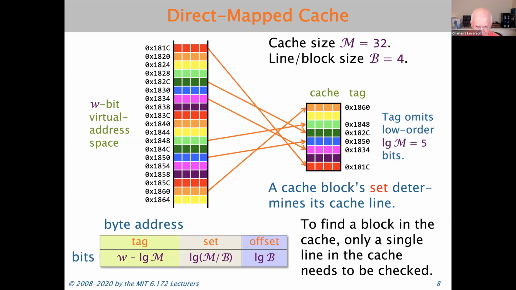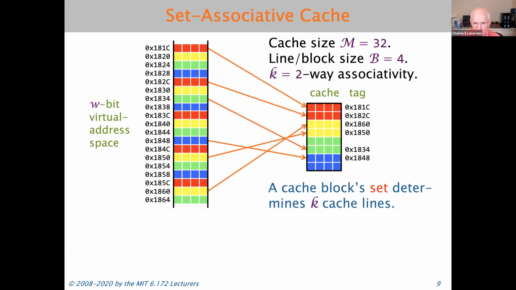Any questions about direct mapped caching and how it compares to fully associative caching? Hopefully this is mostly review.